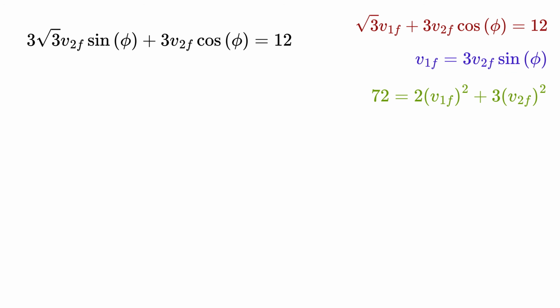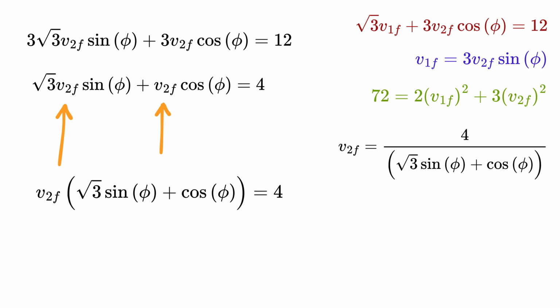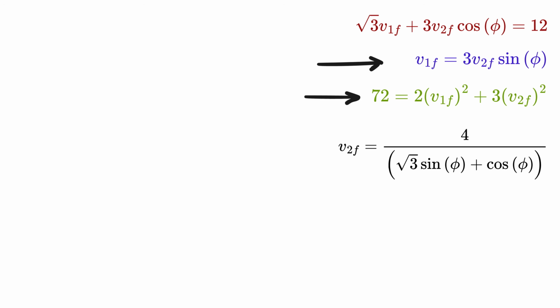Divide by 3 on all sides to get root 3 v2f sine phi plus v2f cos phi equals 4. Take v2f as common from here to get this, so v2f equals 4, divided by root 3 sine phi plus cos phi. Now consider these 2 equations.